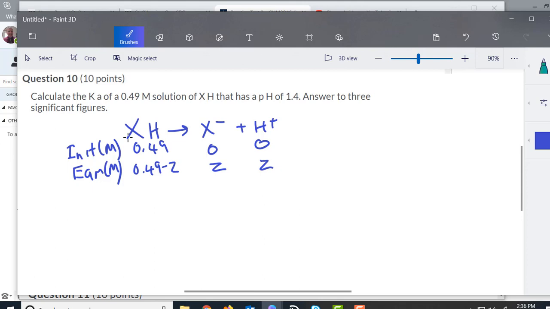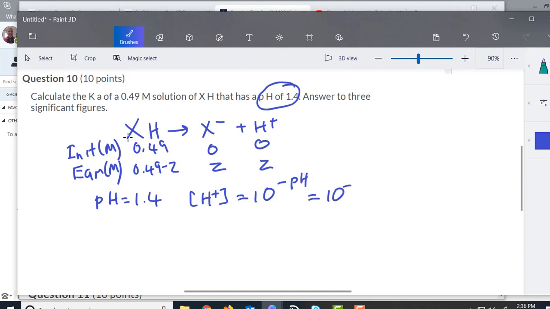Now we are given the pH, and the pH here is going to be 1.4. Now the pH is a direct link here to the concentration of H+. So what we know is that if the pH is 1.4, then we can get the concentration of H+ by taking 10 to the negative pH, which in this case is 10 to the negative 1.4.